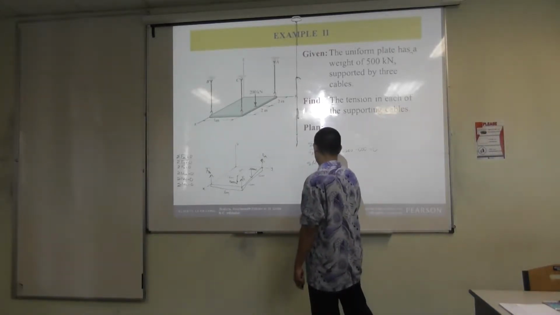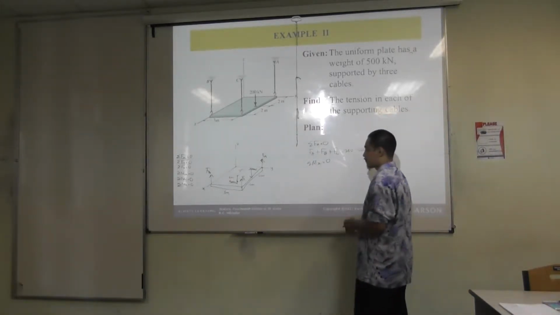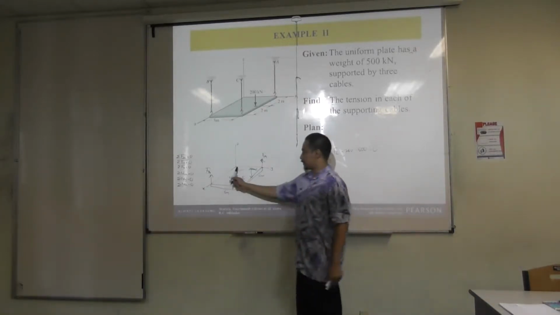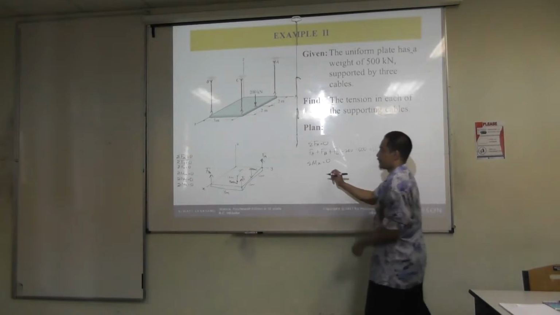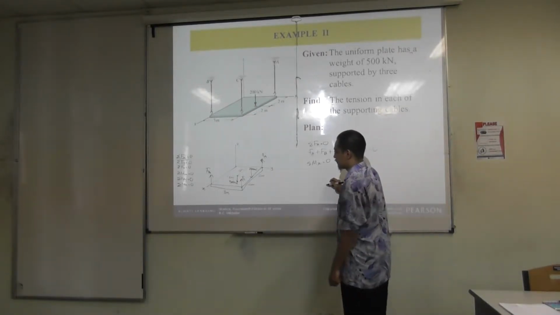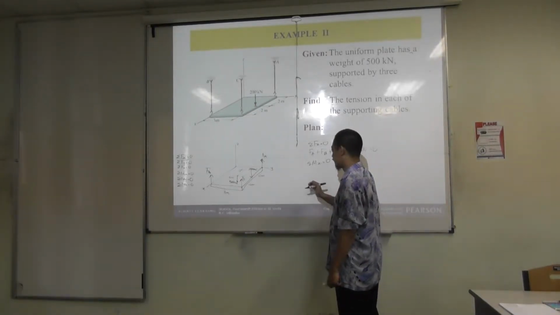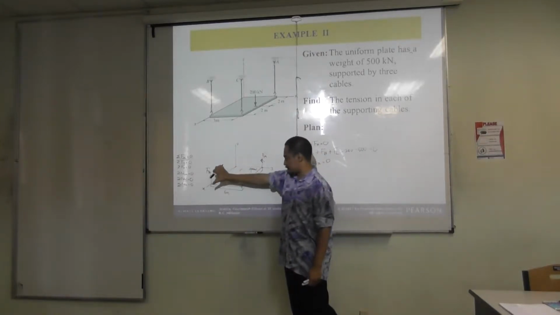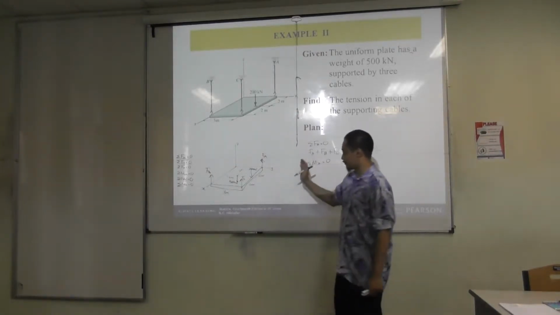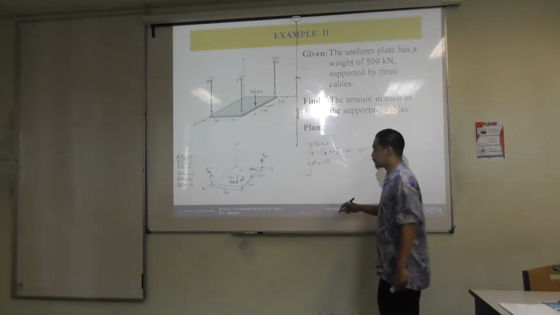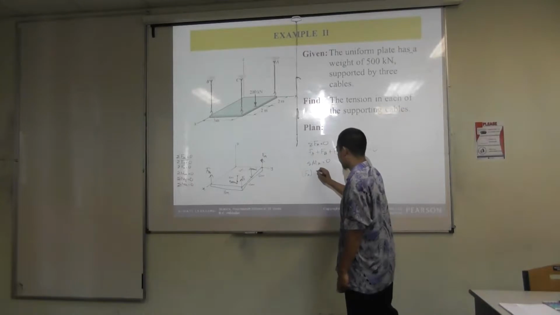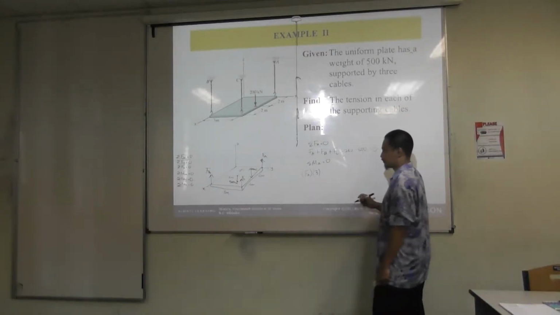Summation of moment about x equal to 0. What do you have? So you're taking moment about this axis. Fa, does it produce any moment? Clockwise or counterclockwise? Counterclockwise. So you take the convention of using the x as positive at thumb, so counterclockwise is positive. So you have Fa, distance of 3. Fb, does it produce any moment?